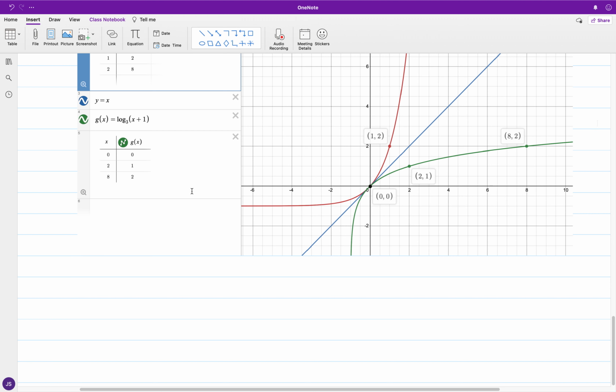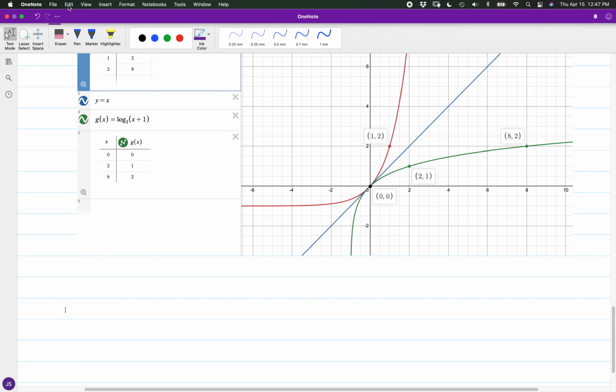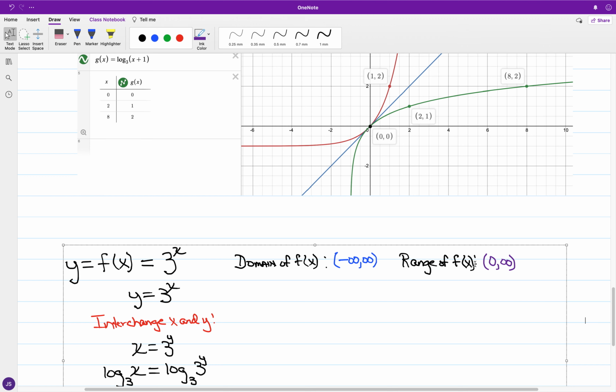Now, if you have a horizontal shift, or let's say we'll take another vertical shift, just a little bit of a change up.